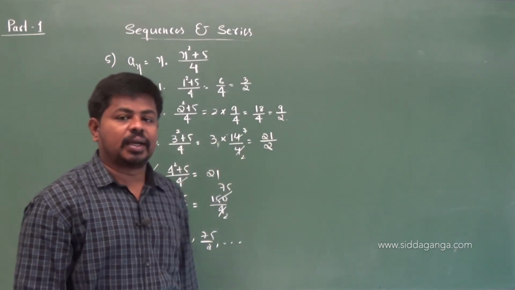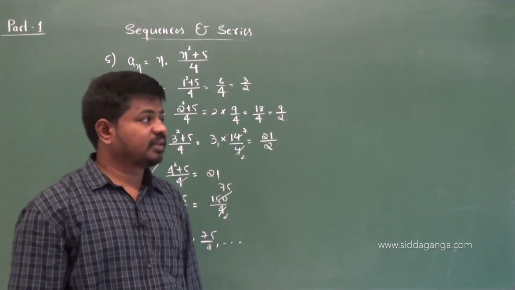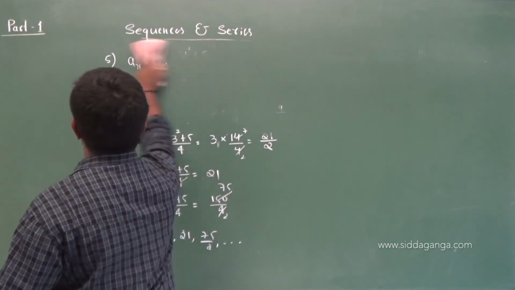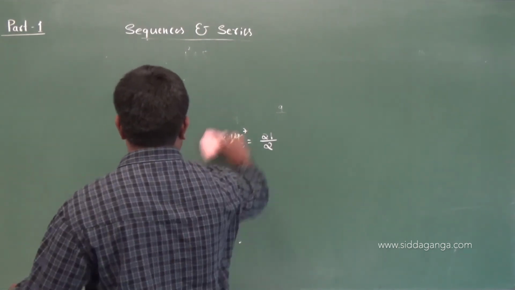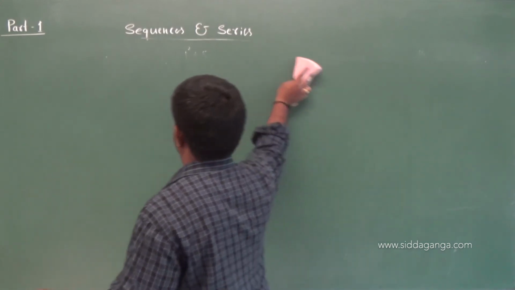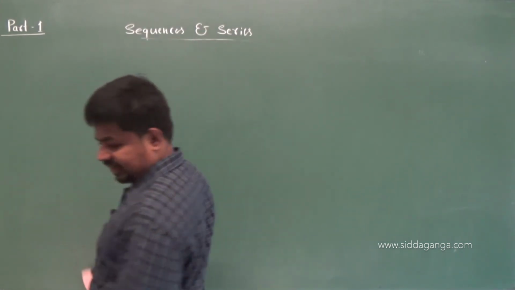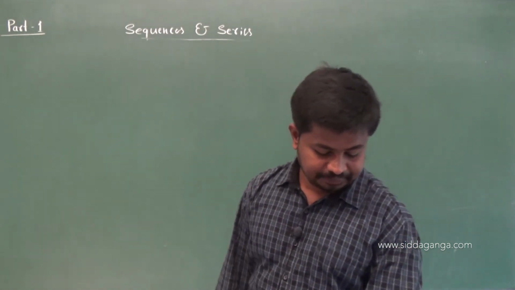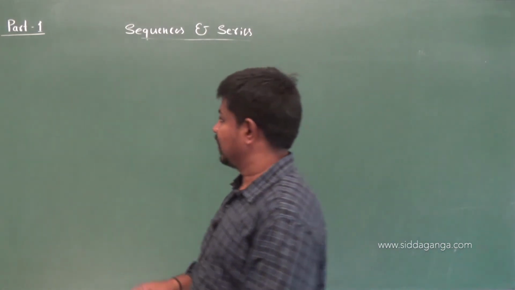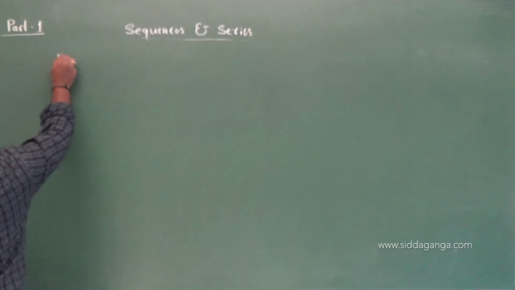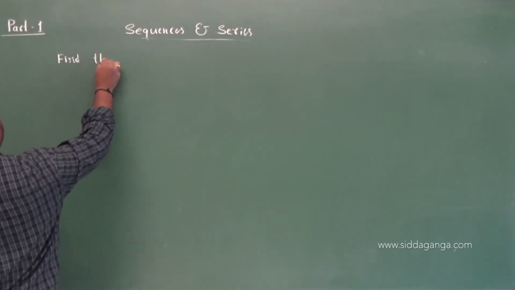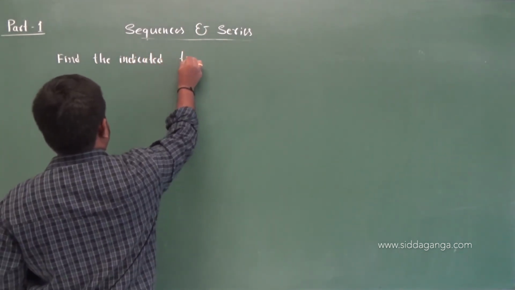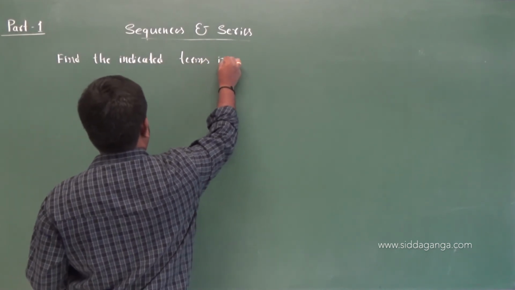Okay, this is how we find a sequence whose nth term is given, right. So this is the first main of first exercise 9.1. Now let me move to the second main. Second main is like this. Find the indicated terms in each of the following sequences whose nth terms are.